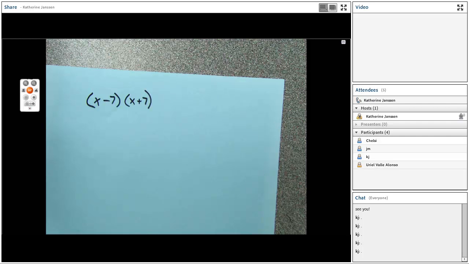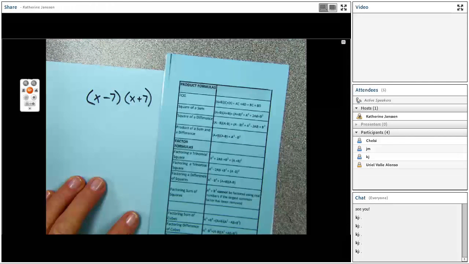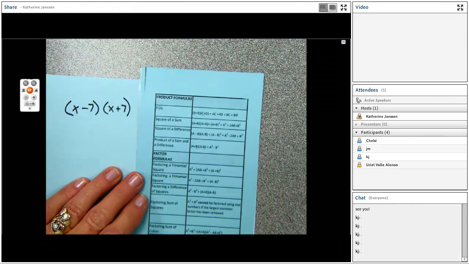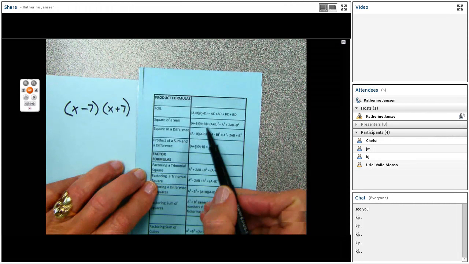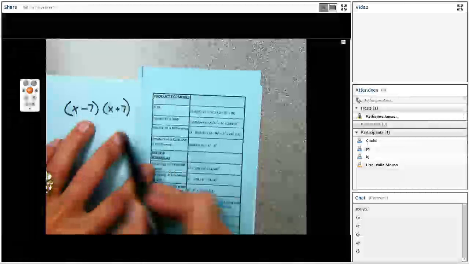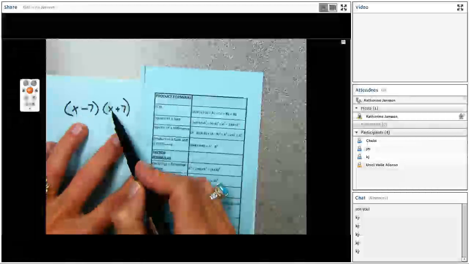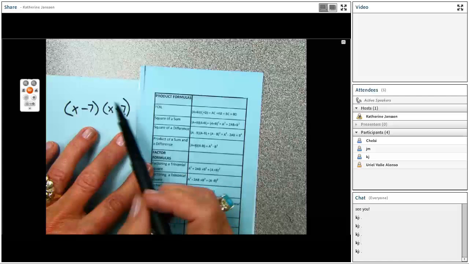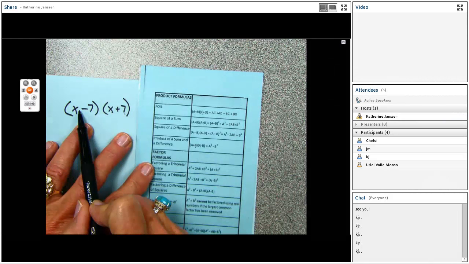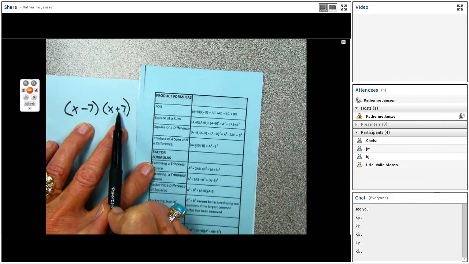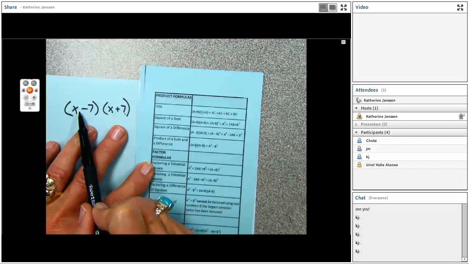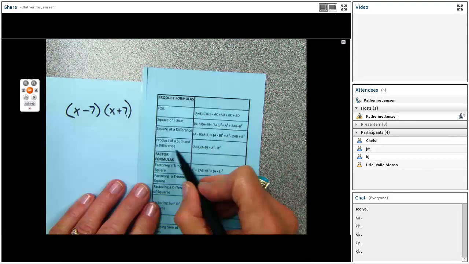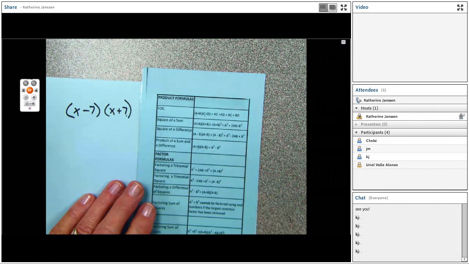So I'm going to get out my blue card and just check to see. This looks like I have the same first terms and the same last terms. Here's a difference. Here's a sum. So I have the product of a difference and a sum, which is the product of a sum and a difference.